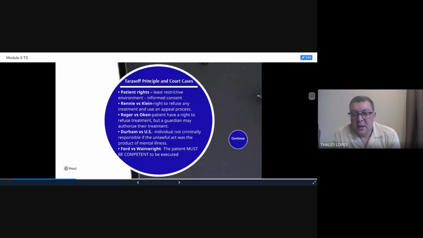Okay? Well, Ford versus Wainwright, or simply the Ford case: the patient must be competent to be executed. Close to Durham, but if my patient is not lucid, he should not be sent to the death penalty.